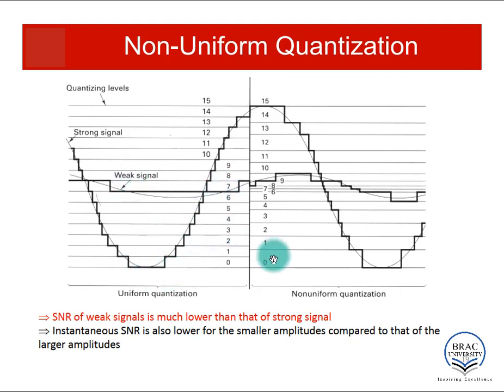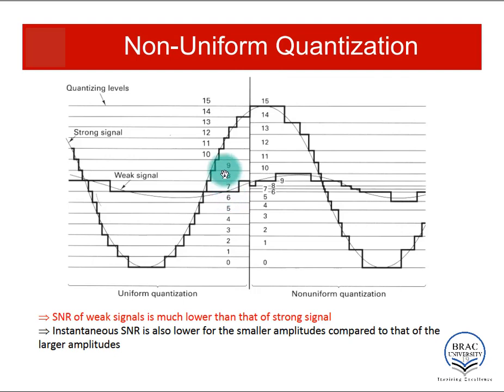So even though for this strong signal we have 16 levels to quantize, for the weak signal, in the case of uniform quantization, we only have 4 quantization levels: 6, 7, 8 and 9. The other quantization levels, like 10, 11, 12, 13, 14, 15 or 0, 1, 2, 3, do not come into any use for this weak signal. For this weak signal, we can only use these 4 quantization levels: 6, 7, 8 and 9.